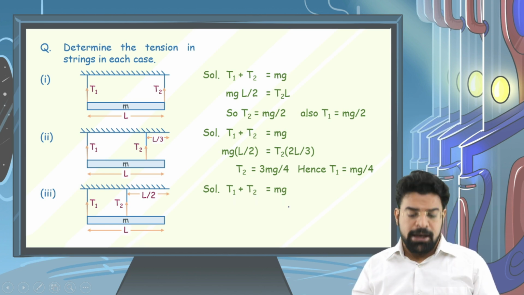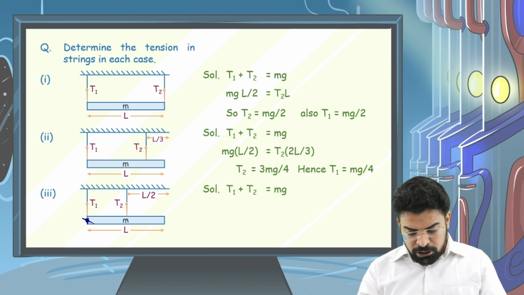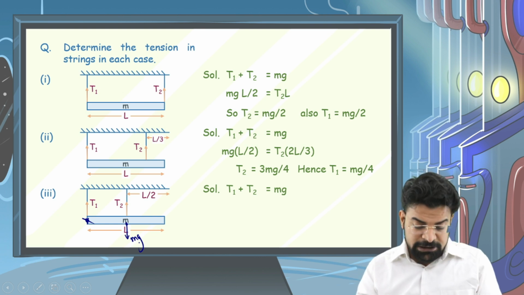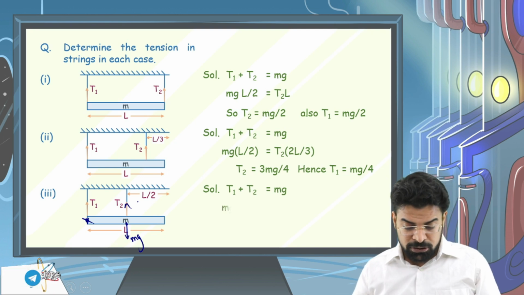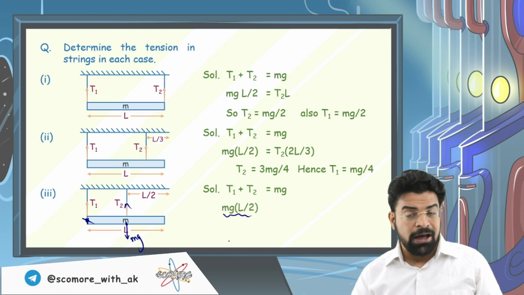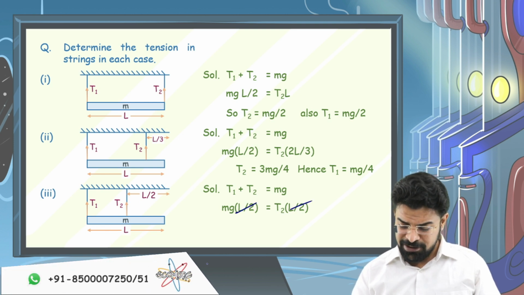From the torque balance about the left end, I can say the torque due to the weight, which is mg into L by 2, has to be the same as the torque due to the tension T2, T2 into L by 2. So from torque balance, you can say mg into L by 2 equals T2 into L by 2. Sir, L by 2 on both sides. So T2 is mg.